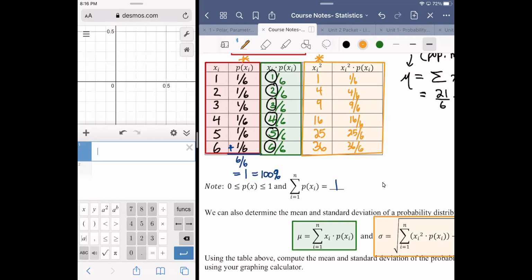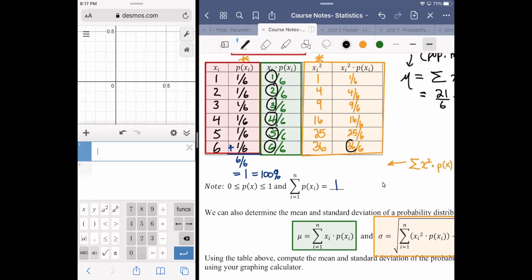Now the inclination might be to try to reduce, like 36 over 6, you want to write 6. But we have a common denominator, so it's in our best interest to resist that urge. What we're looking for is the sum, poor quality sigma symbol, of x squared times p of x.